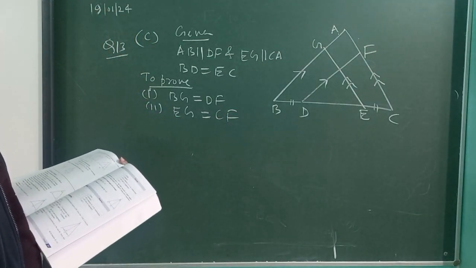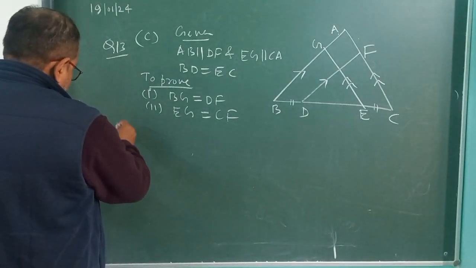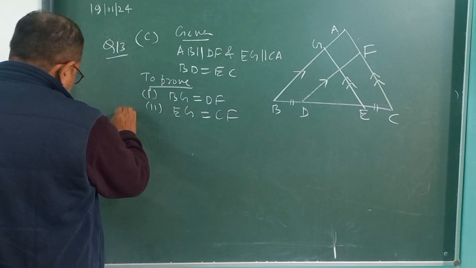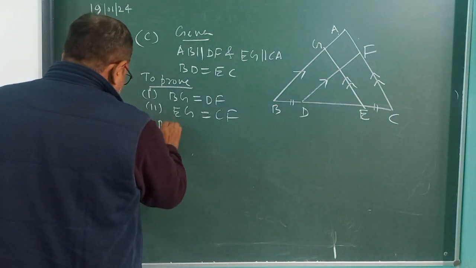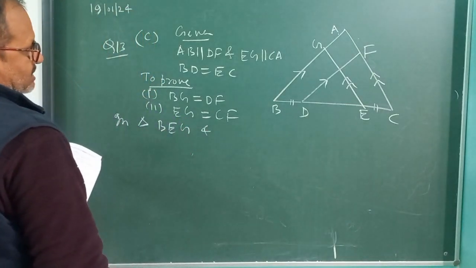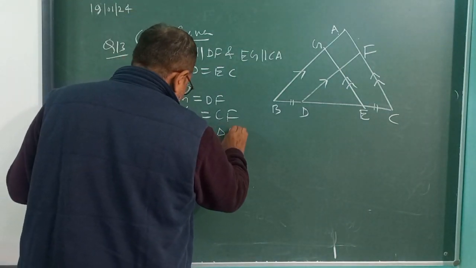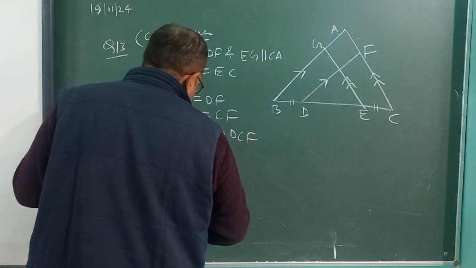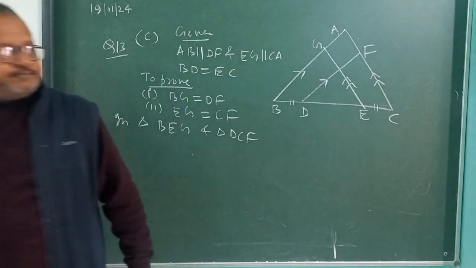These two results we have to prove. So we will take triangle BEG and triangle DCF. We will prove these two triangles congruent.